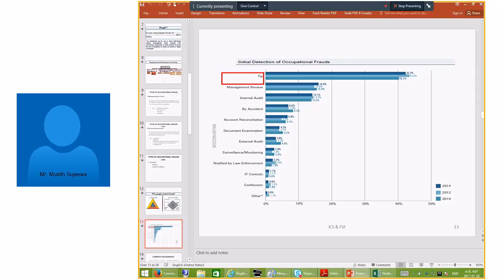So please tell me, do you have this type of mechanism, tips or something like that? What is the mechanism? Can you explain? Is there a telephone number or email? Who is the person receiving those calls?